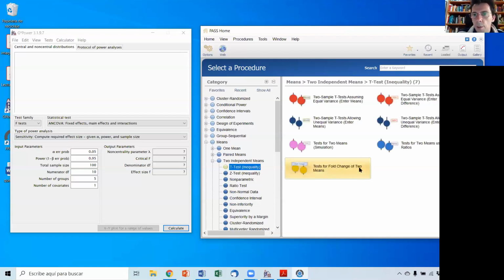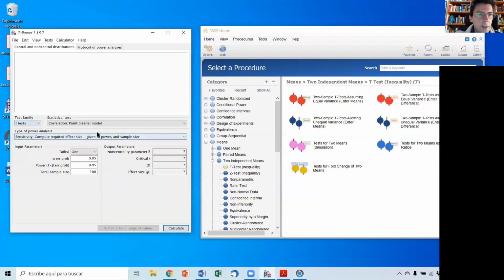For instance, we can do a t-test with the same variance and enter the means, the 50 and 25 that I was giving at the beginning, or with two groups where I want to enter the difference, so the effect size, or with an equal variance. All these questions are shown very easily here.